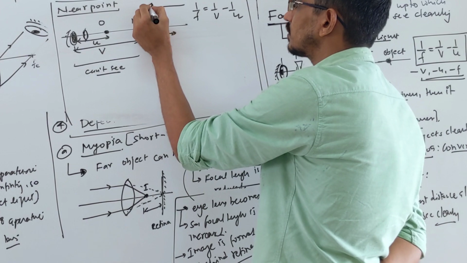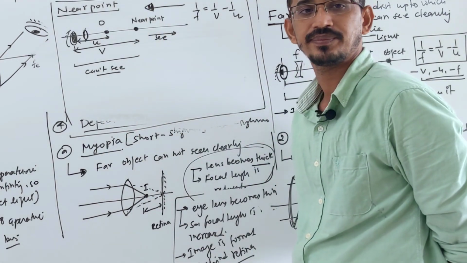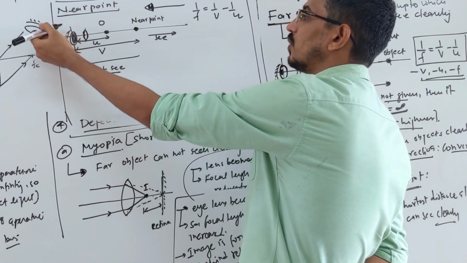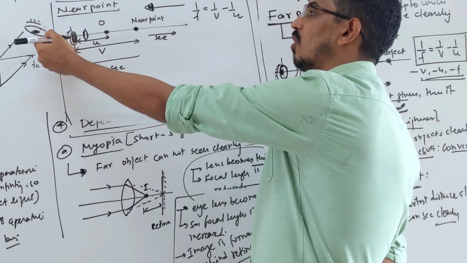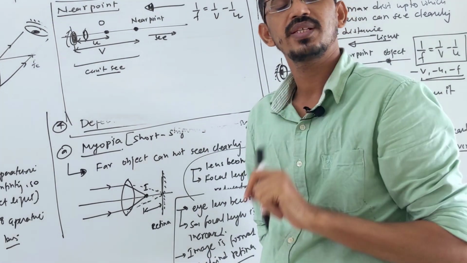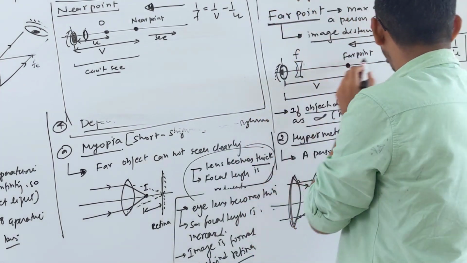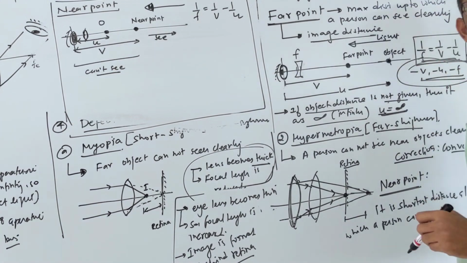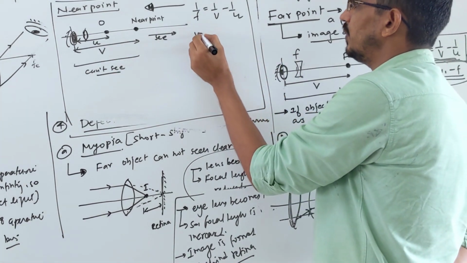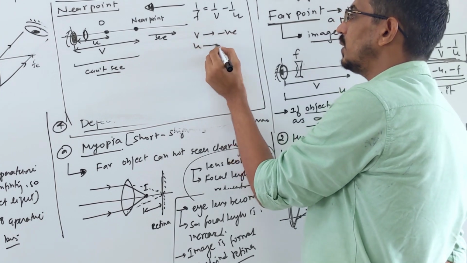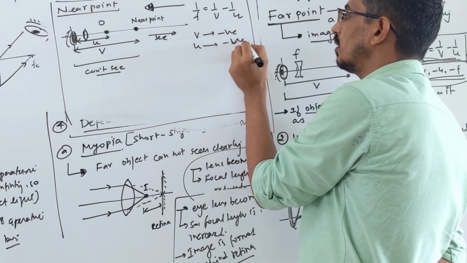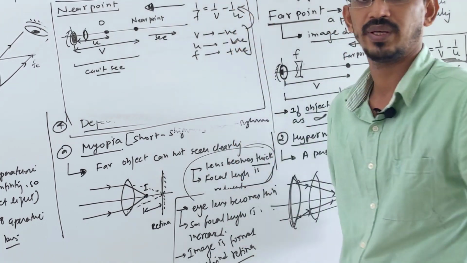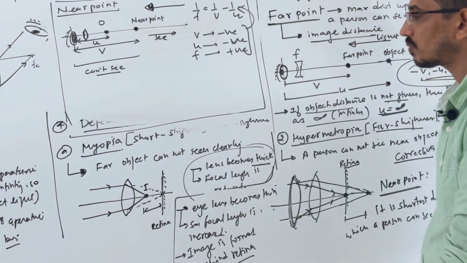When you measure distance from the eye, image distance is negative, object distance is negative, but focal length is positive. So you have to put proper sign convention here. Be careful.